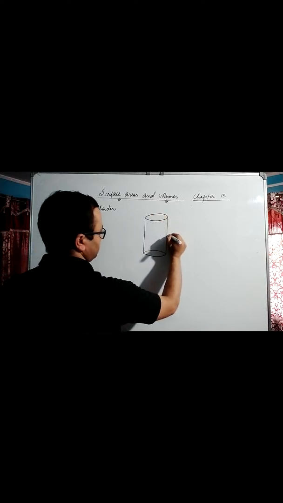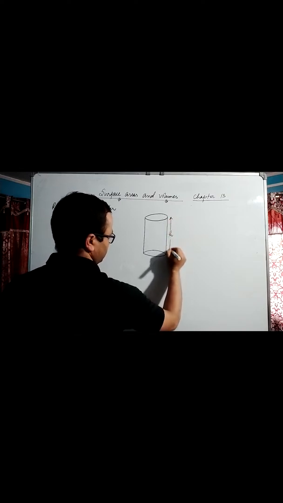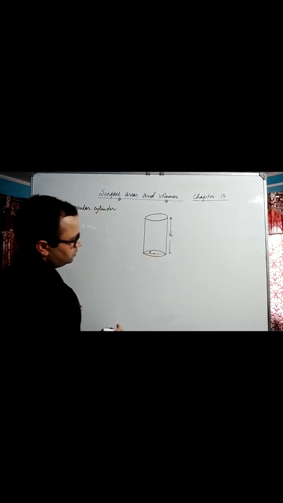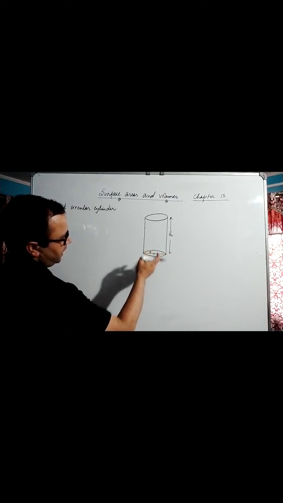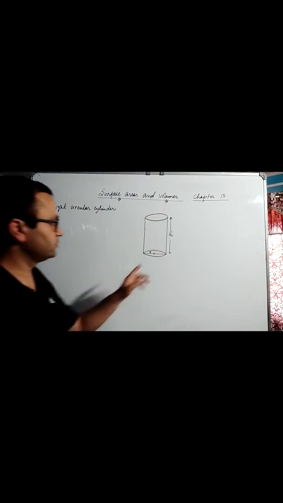So it has height or length, it has diameter, it has radius. Now this base and top are in the shape of a circle.